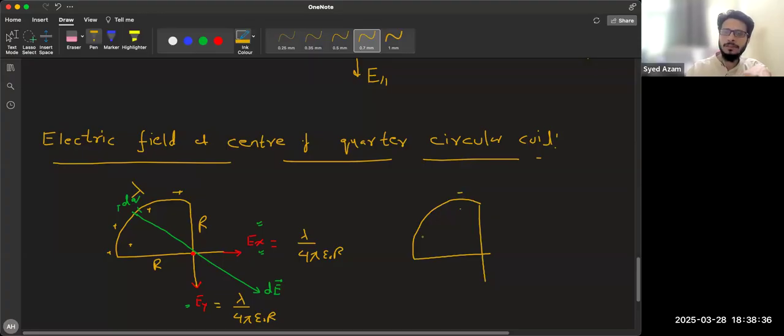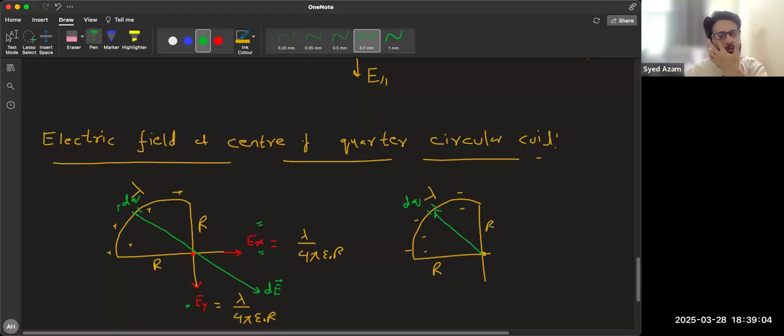But instead of this positive charge density, in the same case, if I take a quarter circle with a negative charge density and I want to calculate the field here, the magnitudes will not change. The magnitudes will be lambda by 4 pi epsilon naught r and lambda by 4 pi epsilon naught r. But the challenge is the direction. If you take a small element here, what is the direction of the field? Is it away from the charge or towards the charge? Towards the charge. So what would be the directions of the components of the field?